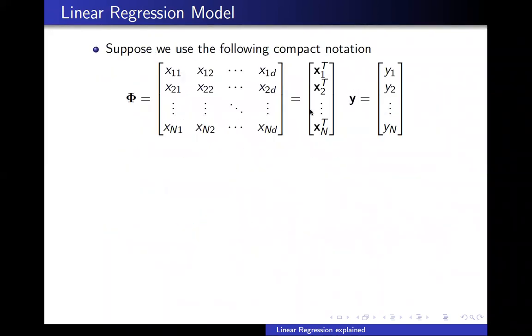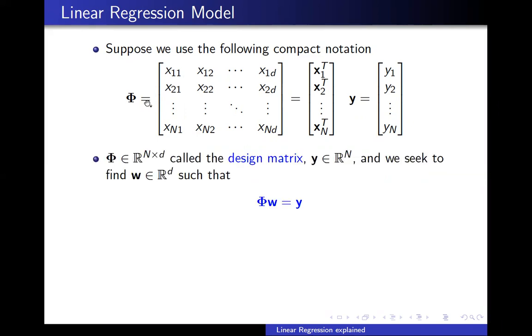All right. So now suppose we use the following compact notation, where we represent each of our training data points in the form of a matrix. The first row of this matrix represents the first data point, and each of the columns corresponds to a different covariate value. This phi is often termed a design matrix, which is an n times d matrix. It has capital N training rows, one row corresponding to each training data point.